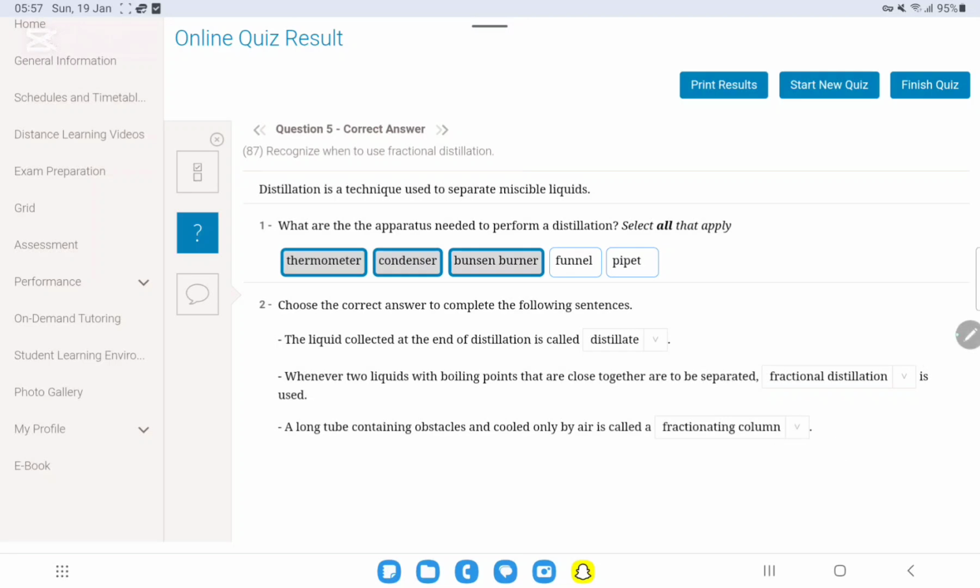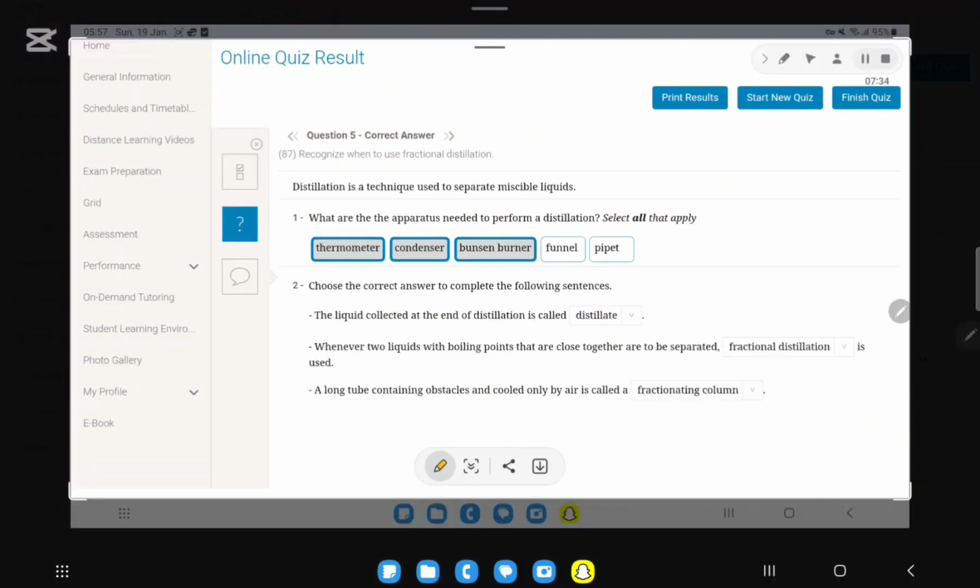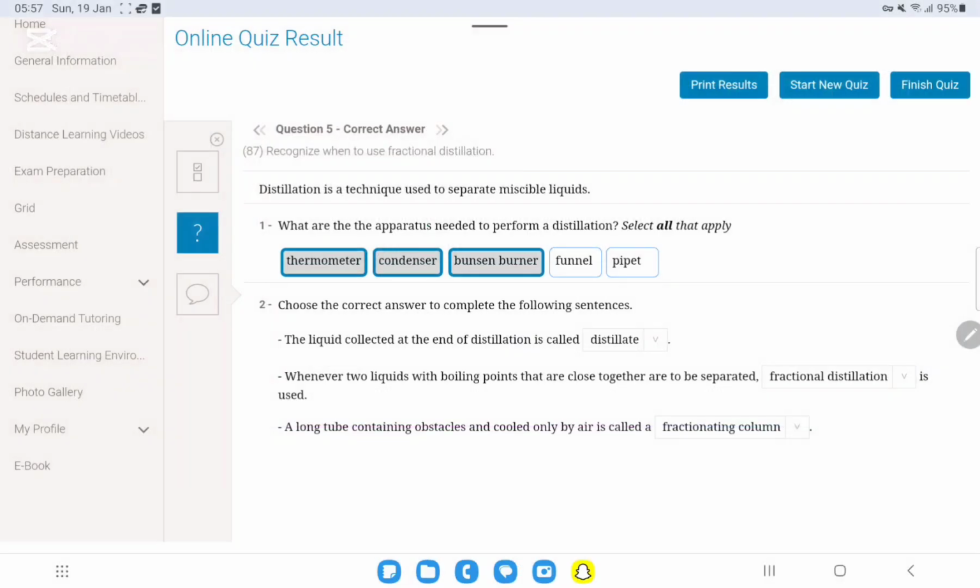Fractional distillation uses a long tube that has obstacles, and it's only cooled by air. You don't need water like you need in simple distillation. You only use air for cooling.